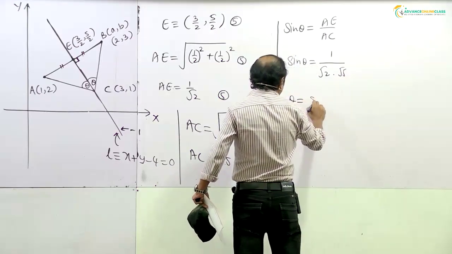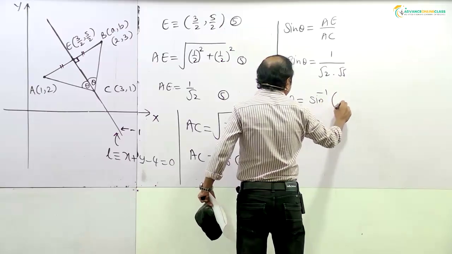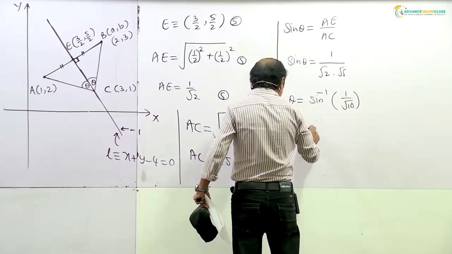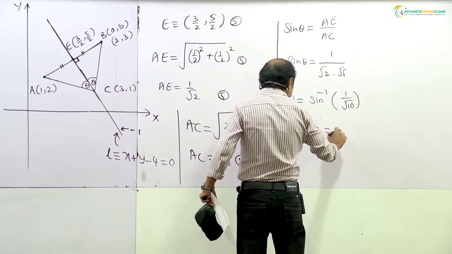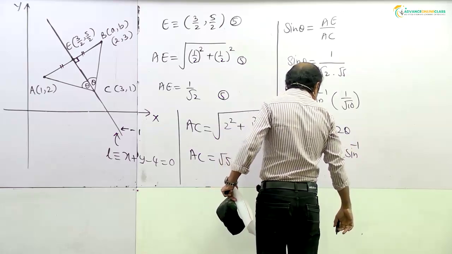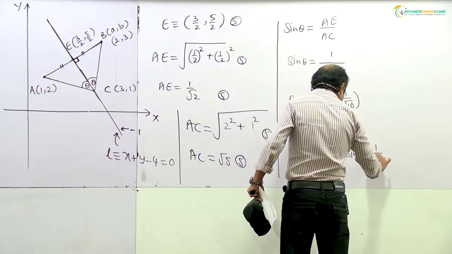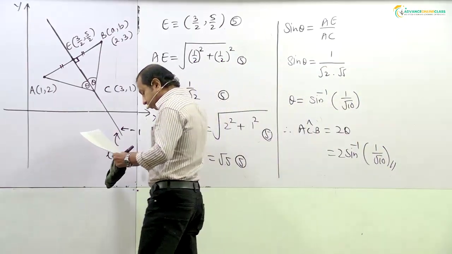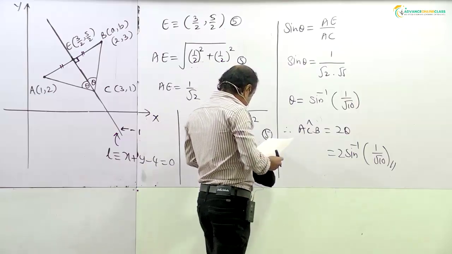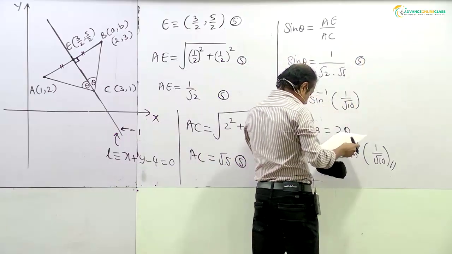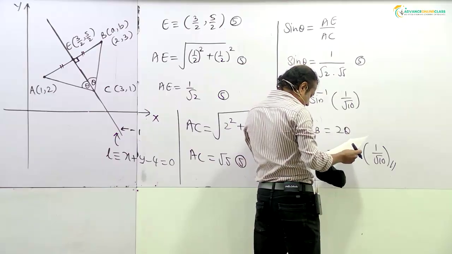Theta is sine inverse 1 over root 10. Therefore ACB angle is 2 theta, 2 sine inverse 1 over root 10. So, okay, finding sine theta this way is 5 marks, and taking this ACB angle this way is another 5 marks.